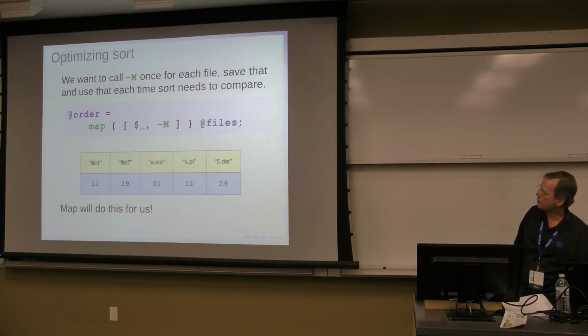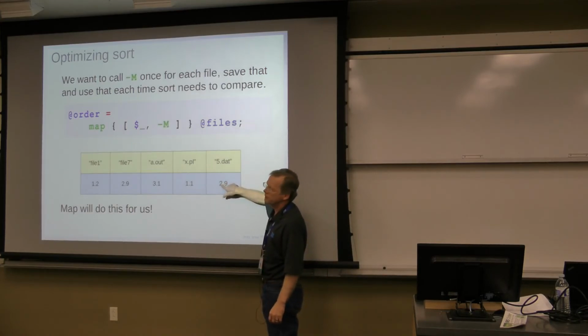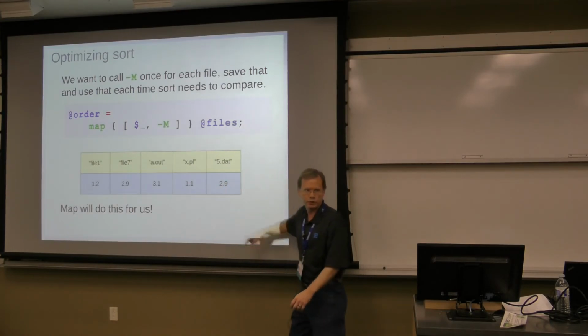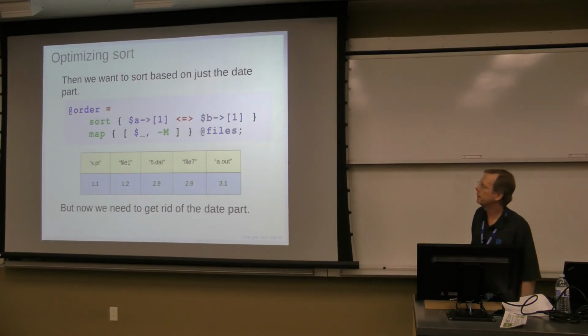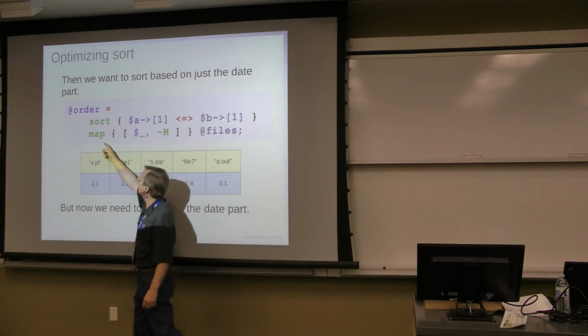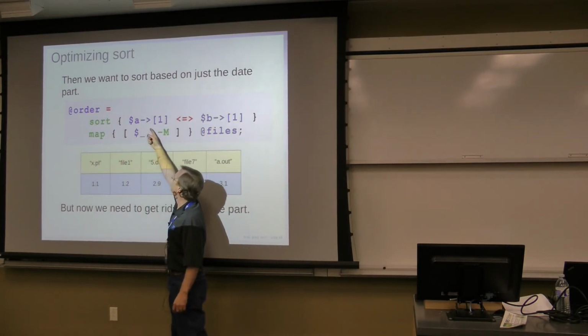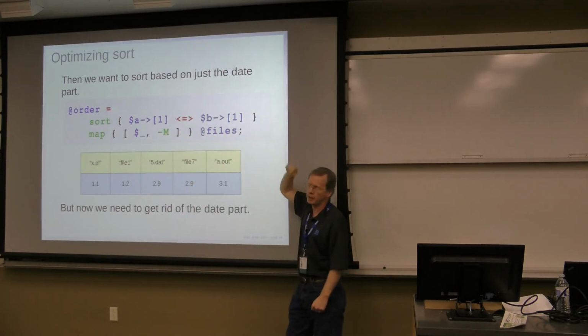Very convenient. So the result will actually be an array of anonymous arrays. Then we want to sort based on this other array that we've just generated. So we will pipe that stuff from map into a sort where we're comparing element 1 in $a against element 1 in $b.